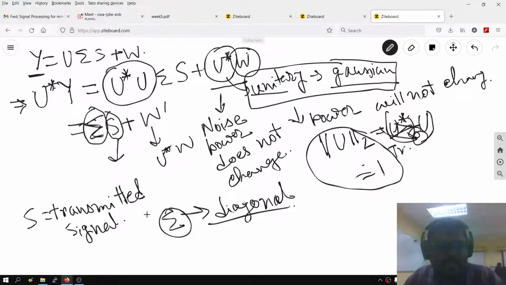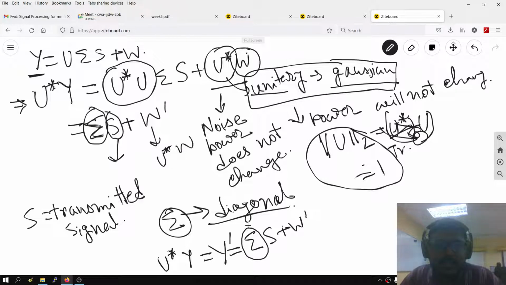So this y tick, what is U star Y equal to, we consider it y tick, and it becomes epsilon S plus W tick. So this is a diagonal matrix, and this is the transmitted signal. And as it is a diagonal matrix, there is no multipath effect that is considerable here. With the help of signal processing, we are omitting the multipath effects.